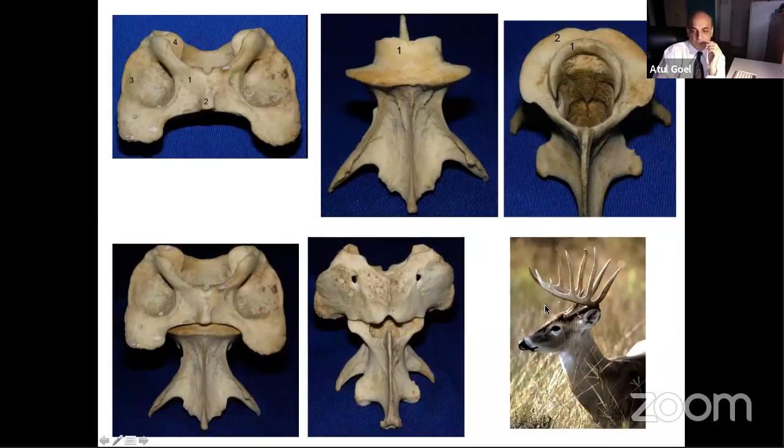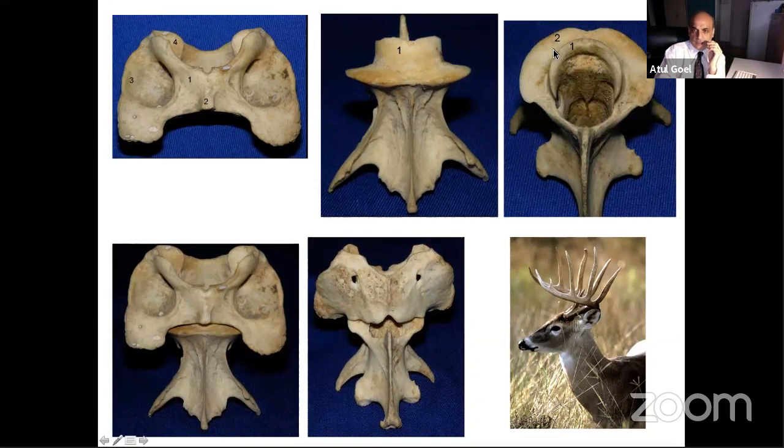This is the beauty of a deer. You see the deer? I know it is very difficult for you to understand, but I will show you some beauties here. This is the C2, and you see the odontoid process. You see the odontoid process of the C2 almost like a circle.